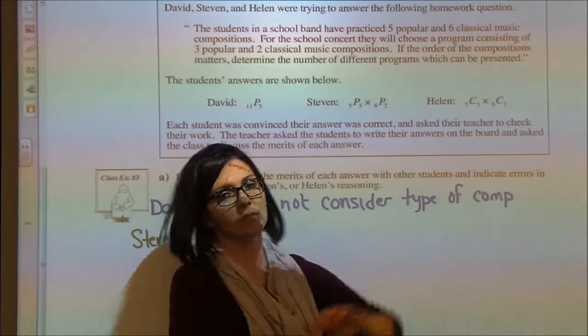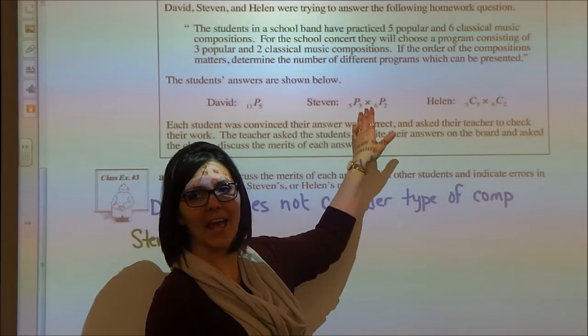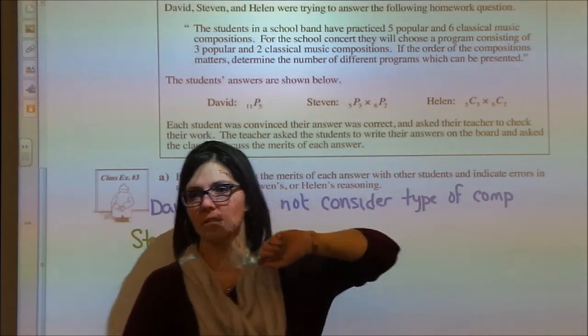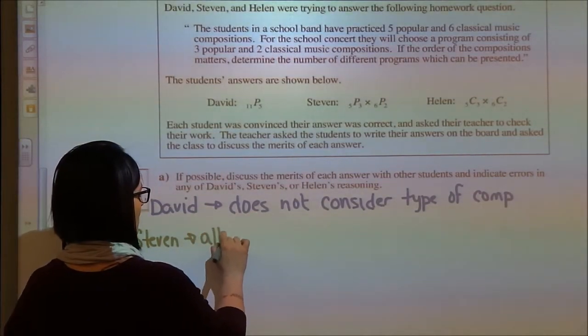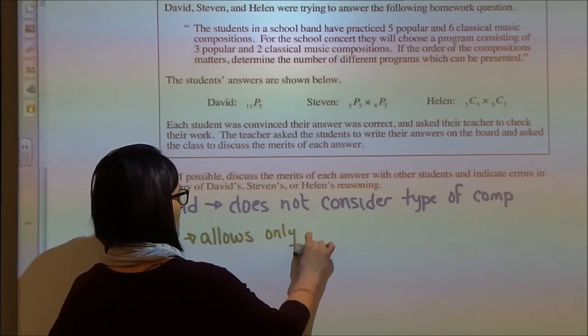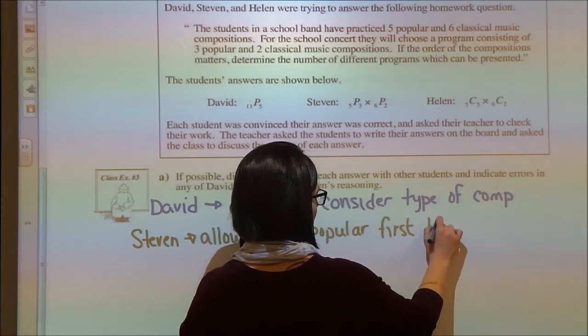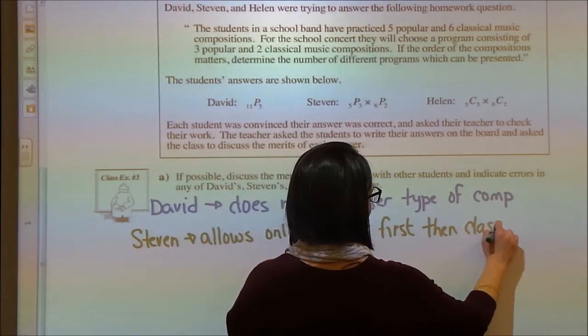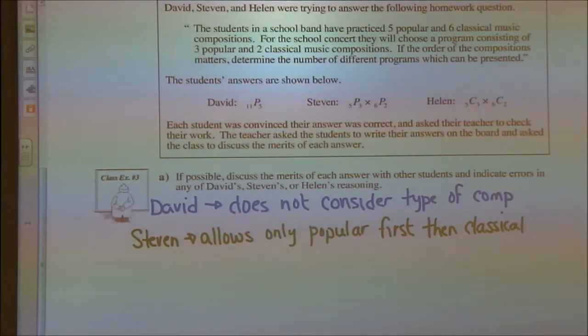What does 5P3 represent? The popular, isn't it? Yeah. So his is popular and then classical. So he's only allowed the popular first and then the classical. He doesn't allow it to be mixed up. So the 3 popular songs come first and the 2 classical songs come last.